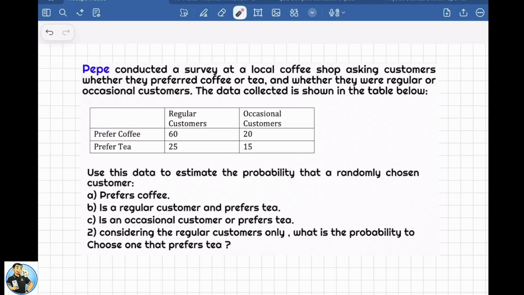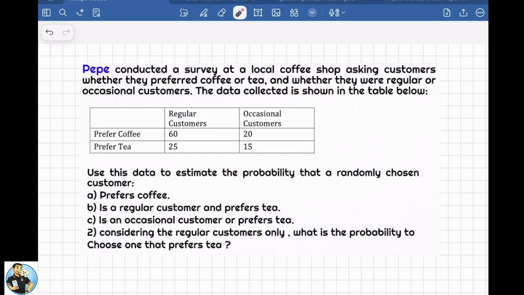A local coffee shop asks customers whether they prefer coffee or tea. This is the kind of customer, and this is the beverage preference. So we have two variables. Use this data to estimate the probability that a randomly chosen customer prefers coffee.